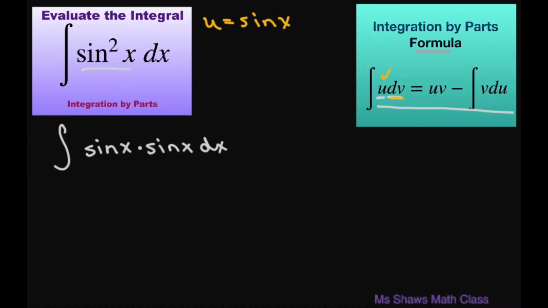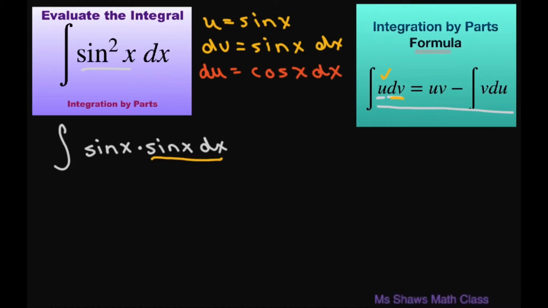And then dv is going to be sine of x dx. Therefore, our du is going to be cosine of x dx, and our v, the antiderivative of sine x dx, is negative cosine of x.